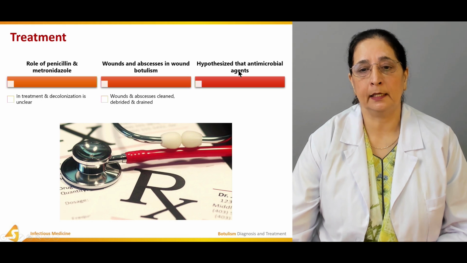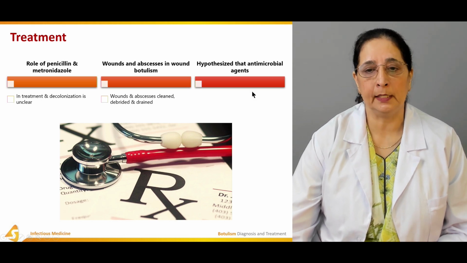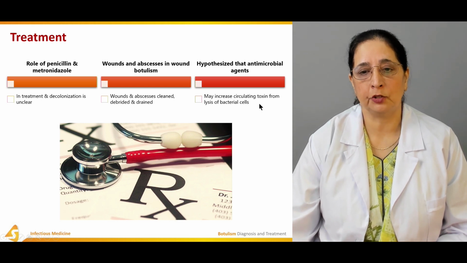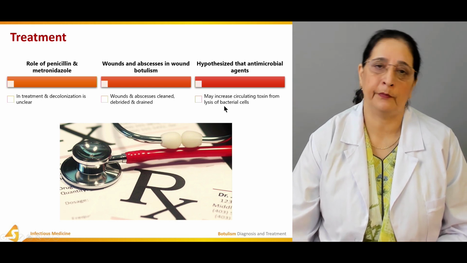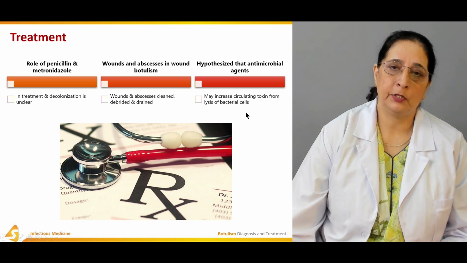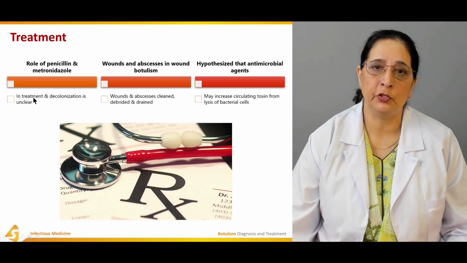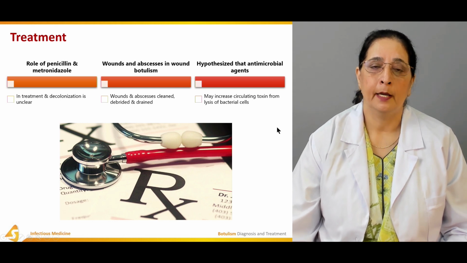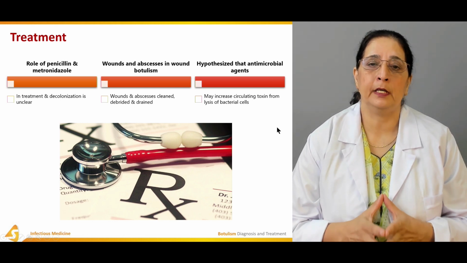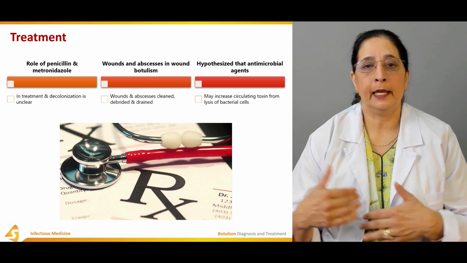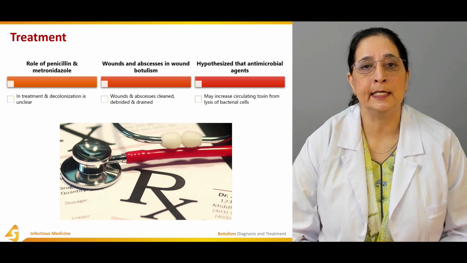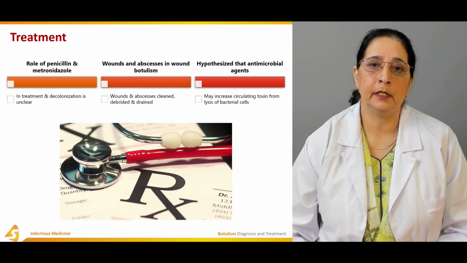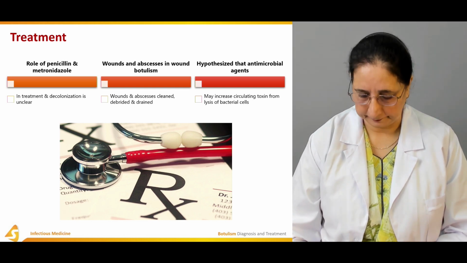It is hypothesized that antimicrobial agents may increase circulating toxin from lysis of bacterial cells. So it's not very effective to use antibiotics or antimicrobial agents, because destruction of the microorganism can further aggravate the release of the toxin that is responsible for all the adverse effects.